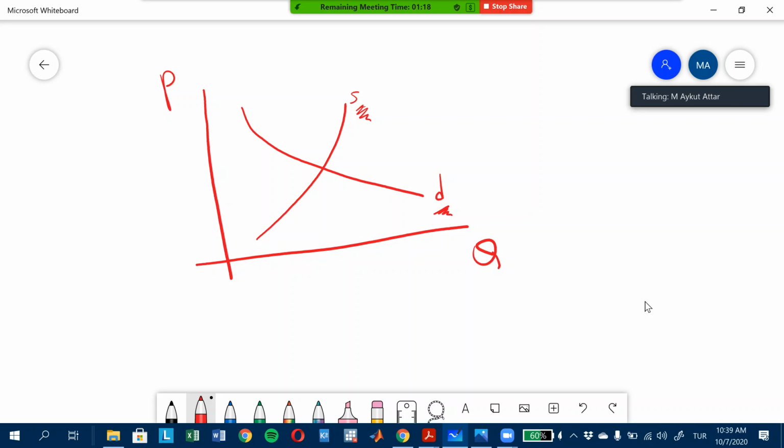This is the quantity of the good in the market, and this is the price of the good. So what you know by heart is that under certain conditions, of course, there is an equilibrium here. Okay? And in that equilibrium, we have an equilibrium price, which I denote here by P star, and then there is an equilibrium quantity, which we denote by Q star, right?